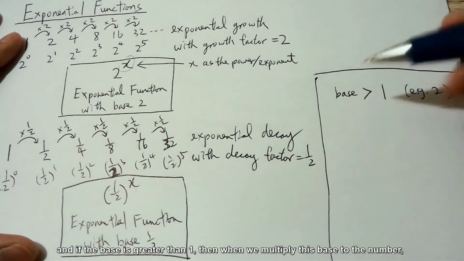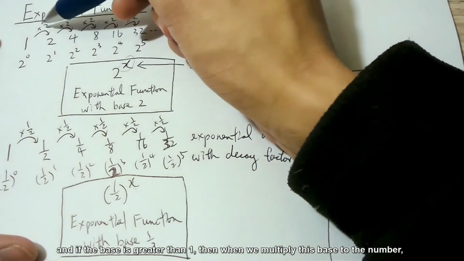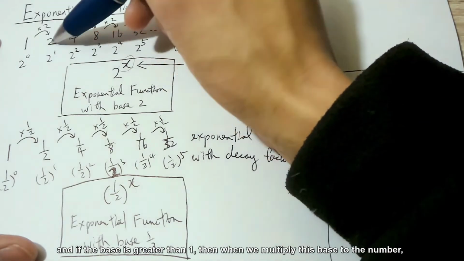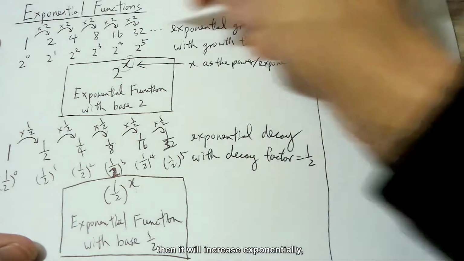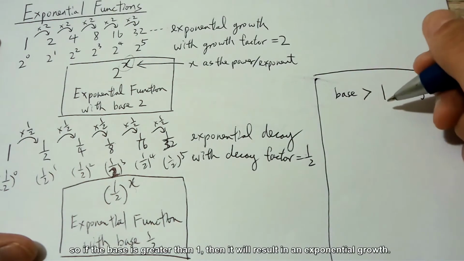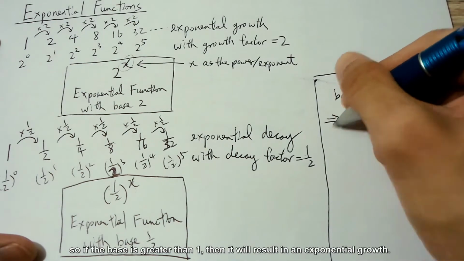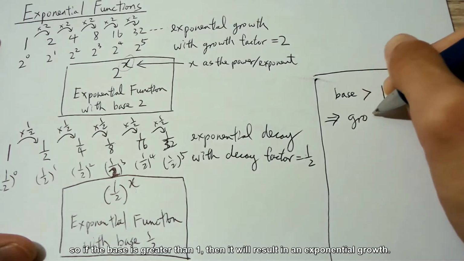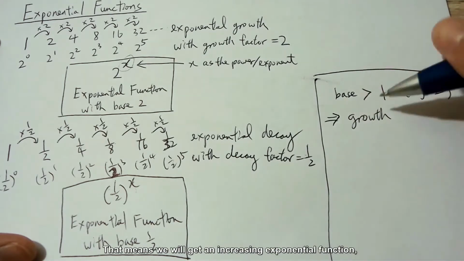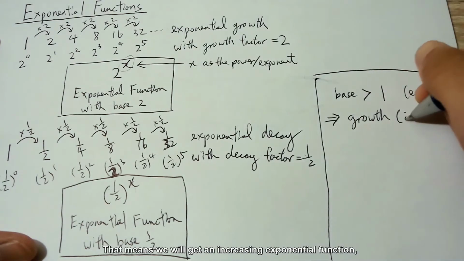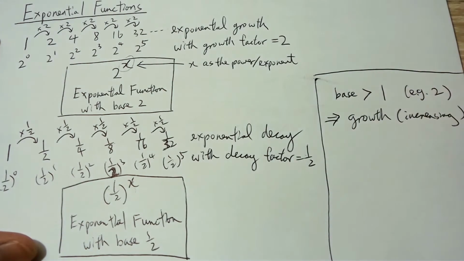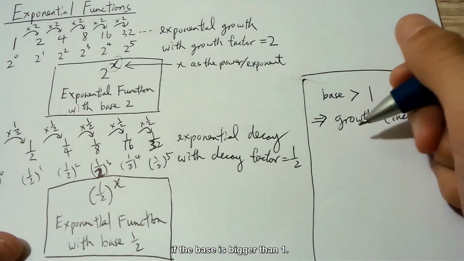And if the base is greater than 1, then when we multiply this base to the number, it will increase exponentially. So if the base is greater than 1, then it will result in an exponential growth. That means we will get an increasing exponential function if the base is bigger than 1.